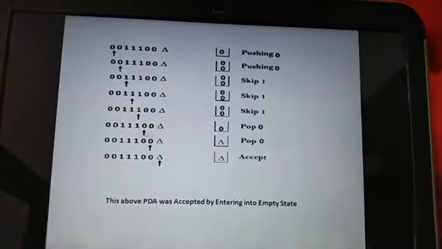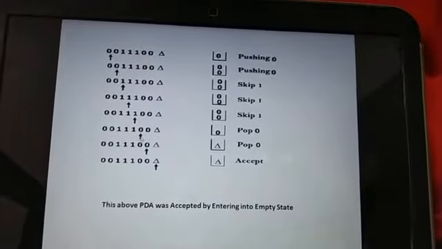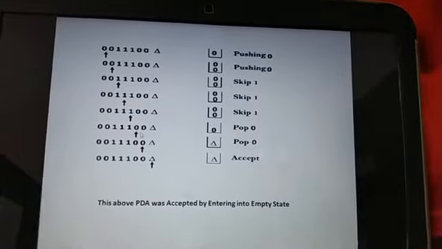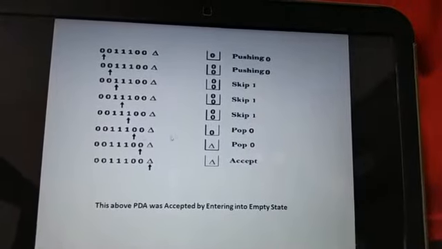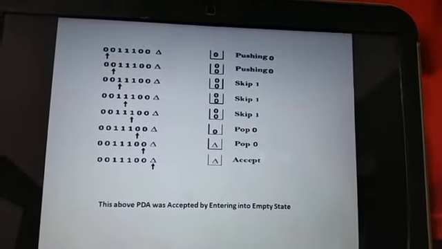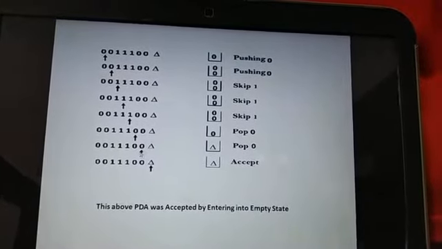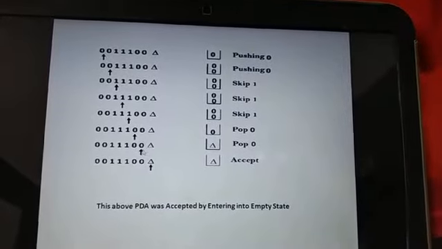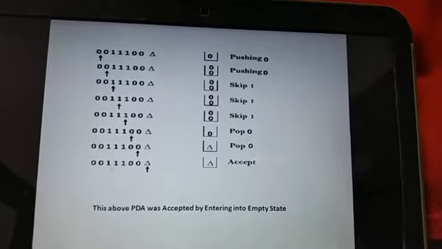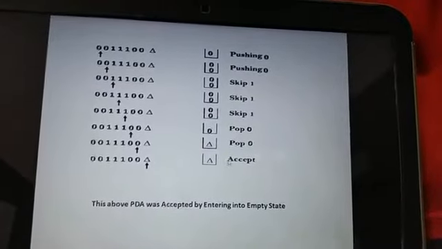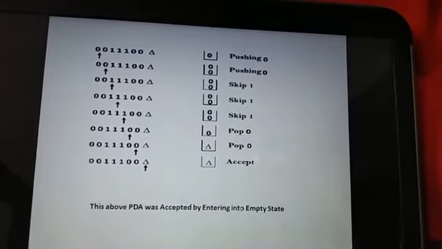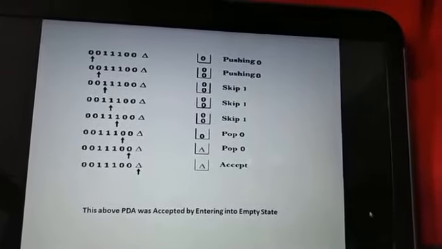Now as soon as we encounter a 0 after the 1s, for each 0 we need to pop a 0 from the stack. So after encountering the first 0, we pop the first 0 from the stack. After encountering the second 0, we pop the last 0 from the stack. So at last we reach the empty stack. This above PDA was accepted by entering into the empty stack.